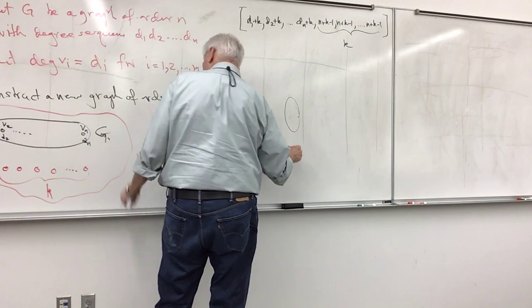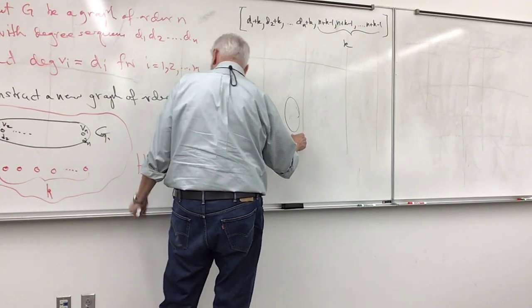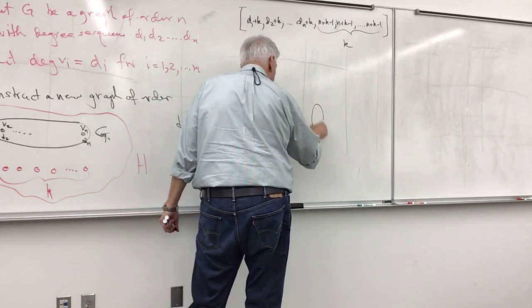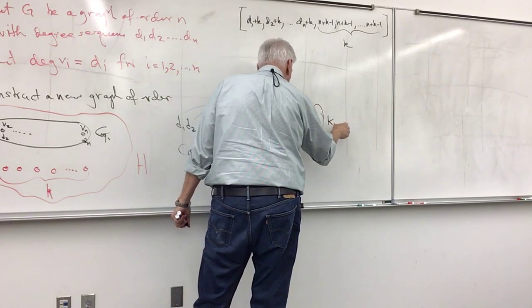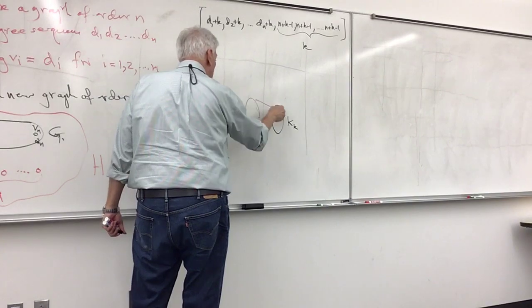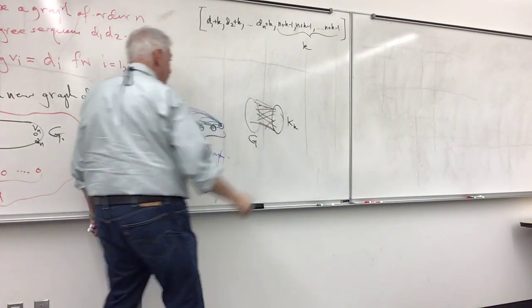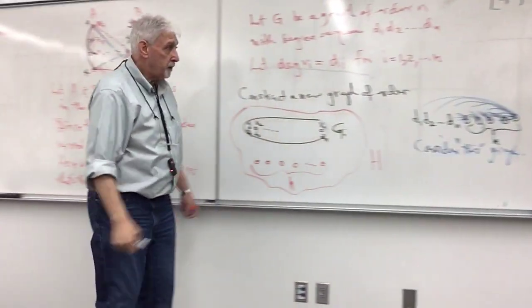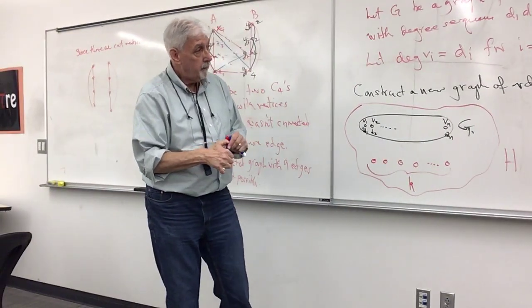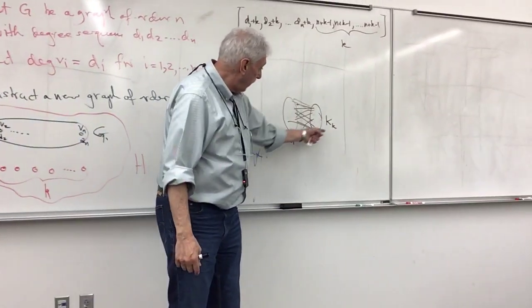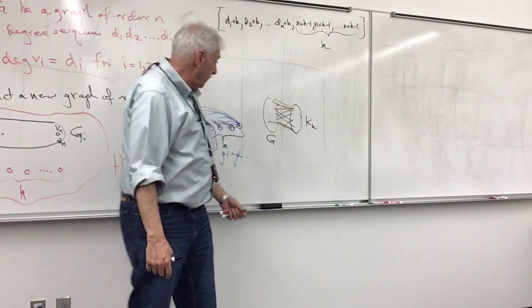We did not. Yeah, G. And here is a copy of K, and I'm putting all these edges in here. Okay, so here's a new graph. My vertex set is the set of vertices of G and these K vertices.